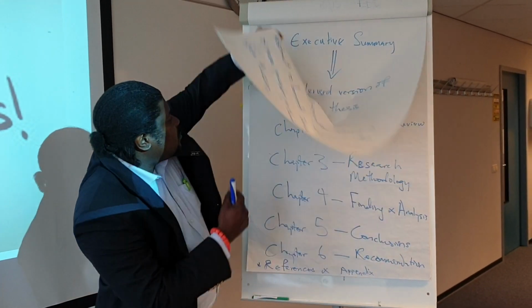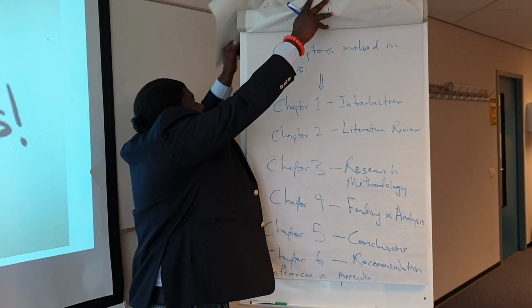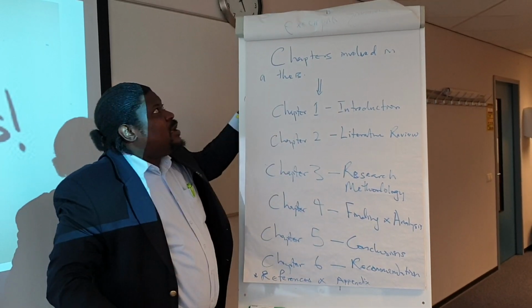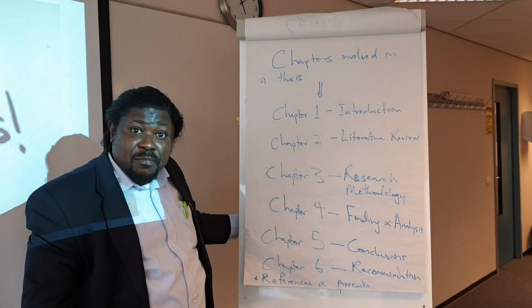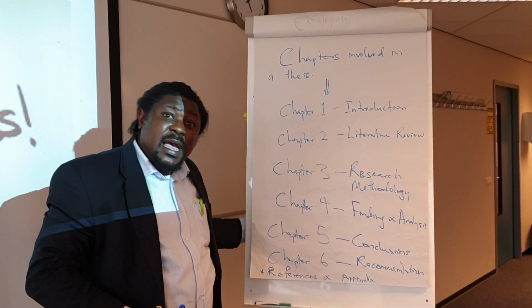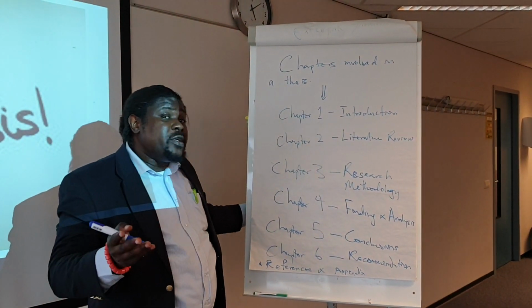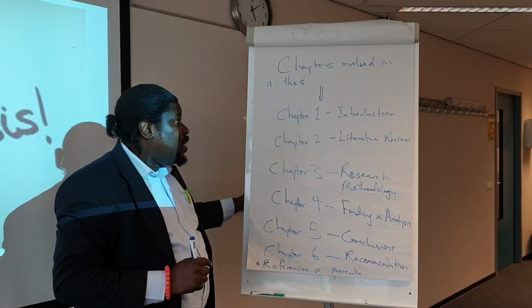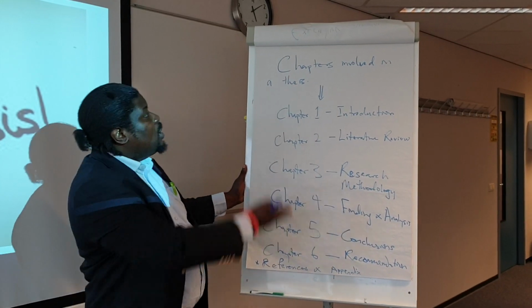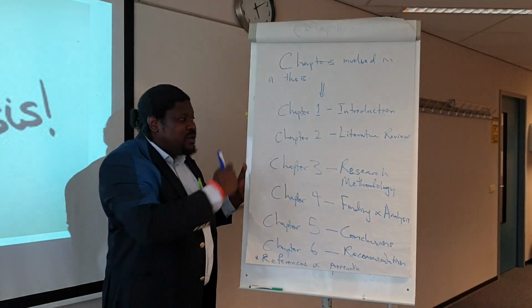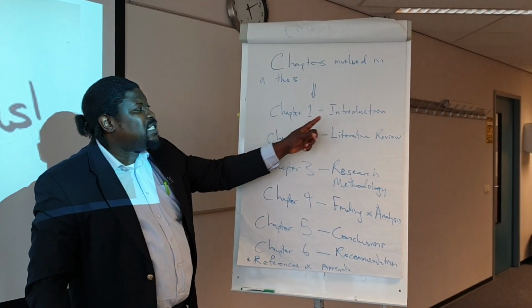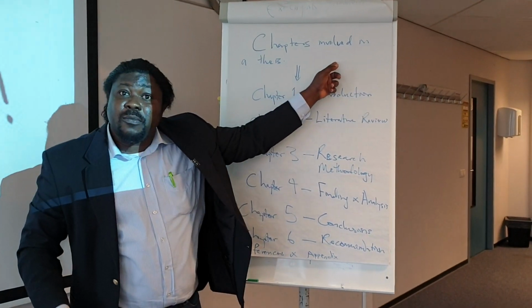Okay, now let's go through the various contents of your final year project. Maybe you're trying to write one now in a bachelor program, or in a master's program. Your research project should include the following chapters. Of course, there should be an executive summary.